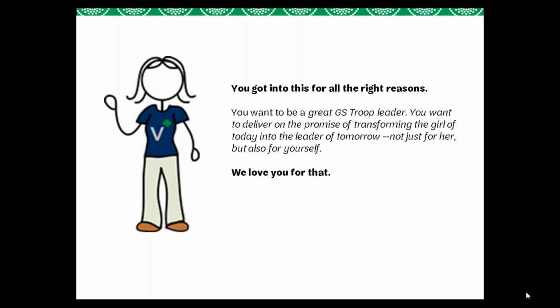As you can see here on the screen with the picture of my volunteer, I suspect that most of you listening today joined Girl Scouts because of your love for either your daughter or another girl, or perhaps your past history in Girl Scouting.